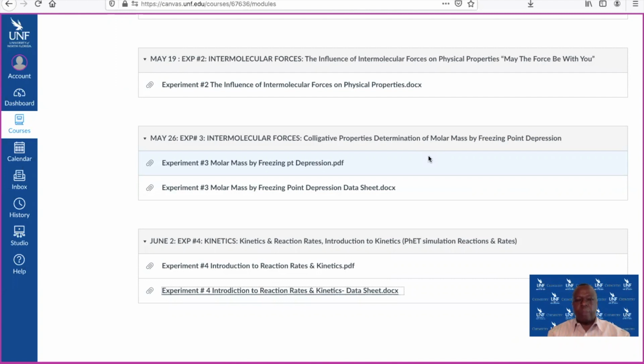I'll go over the overview of the experiment, what you need to do, how to collect the data. Then from there, we take the quiz and we call it a day. Remember, the pre-lab assignment for this experiment is due tonight, and the data sheet is due next week.